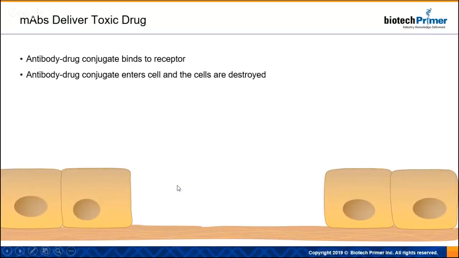Again, the technical challenge in developing these types of drugs was developing that attachment, the conjugation of the toxic drug to the antibody. It needs to be attached tightly enough so that it stays on the antibody as it's moving through the bloodstream, but then it needs to be quickly released once it's inside the cell.